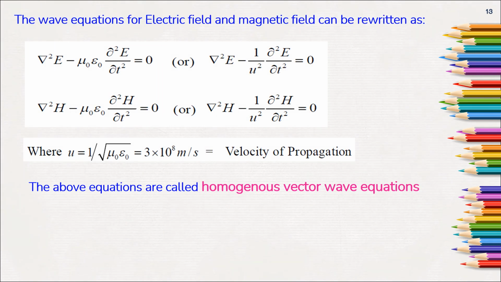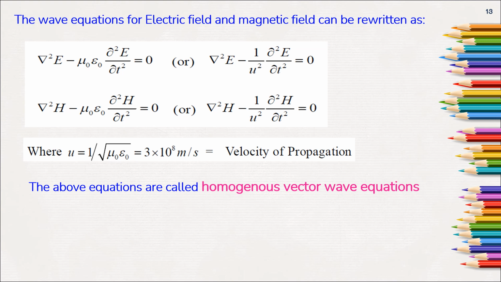So the wave equations for electric and magnetic field are del square E minus mu naught epsilon naught into dou square E by dou t square is equal to 0, and del square H minus mu naught epsilon naught into dou square H by dou t square is equal to 0. You all know mu naught epsilon naught is nothing but 1 by u square, where u stands for velocity.